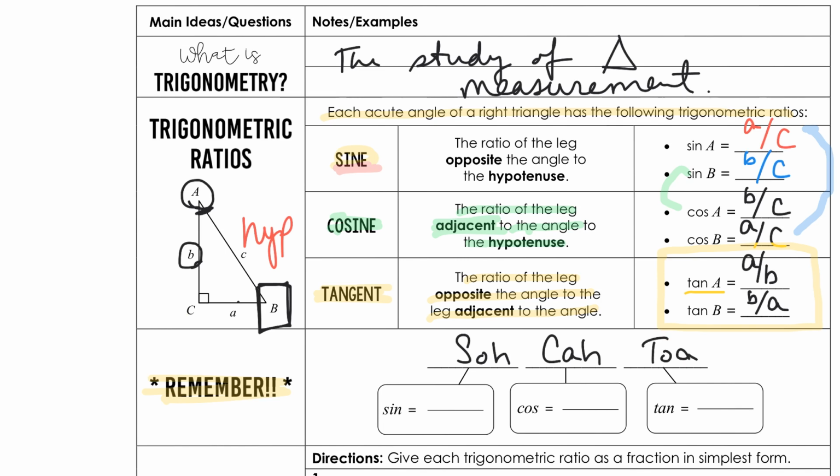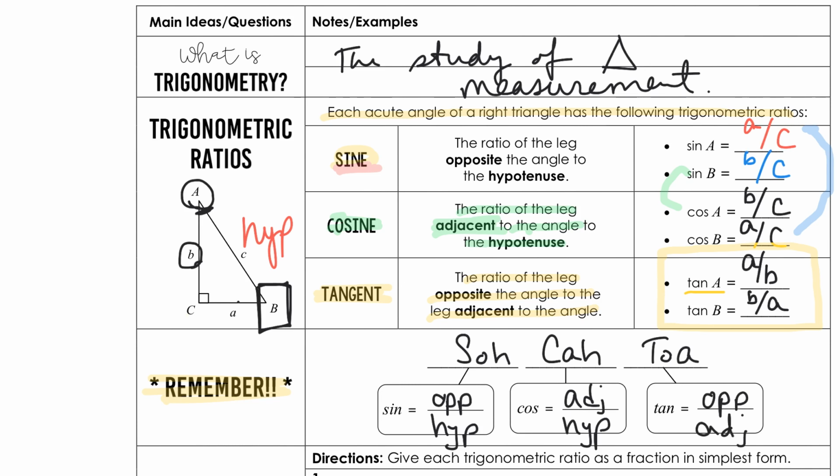Some people will call it SOHCAHTOA. What does that mean? That means that the sine is opposite over hypotenuse. It means the cosine is adjacent over hypotenuse. And the tangent is the opposite over adjacent.